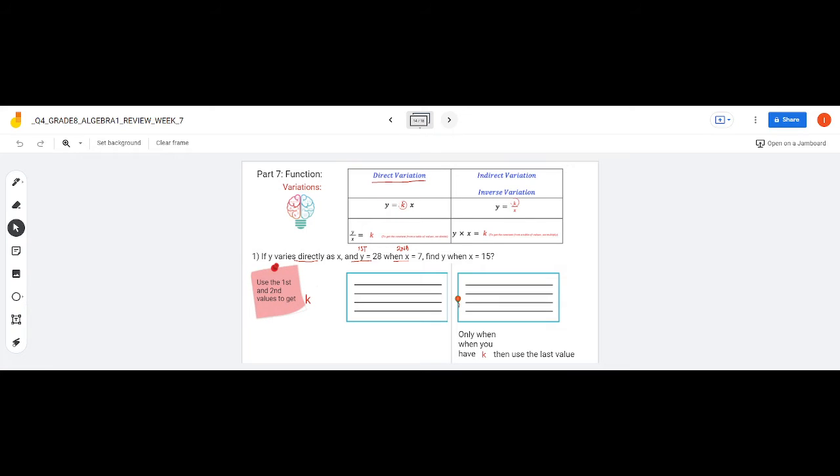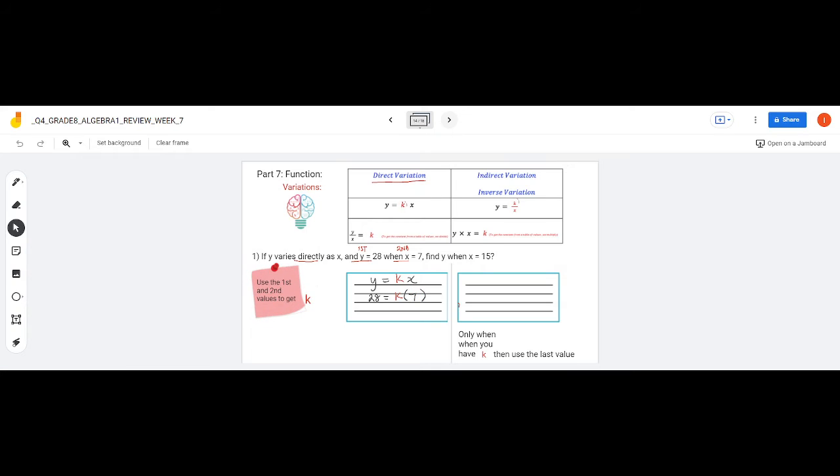So let me just write that formula down. y equals kx. So what is my y value? My y value is 28 equals to, my k is still there. What is my x value? My x value is 7.